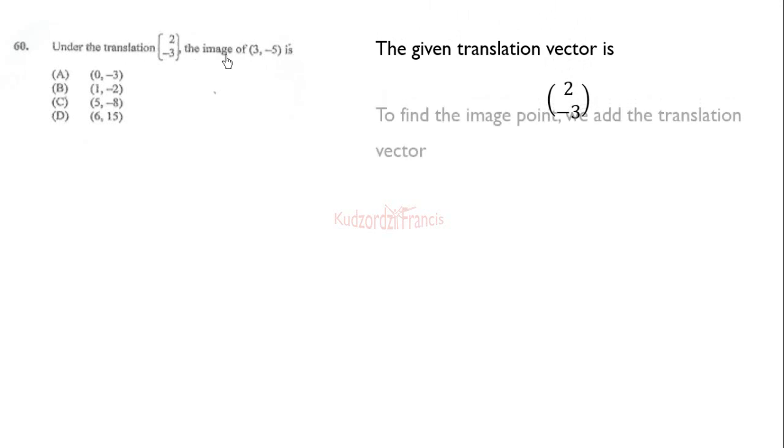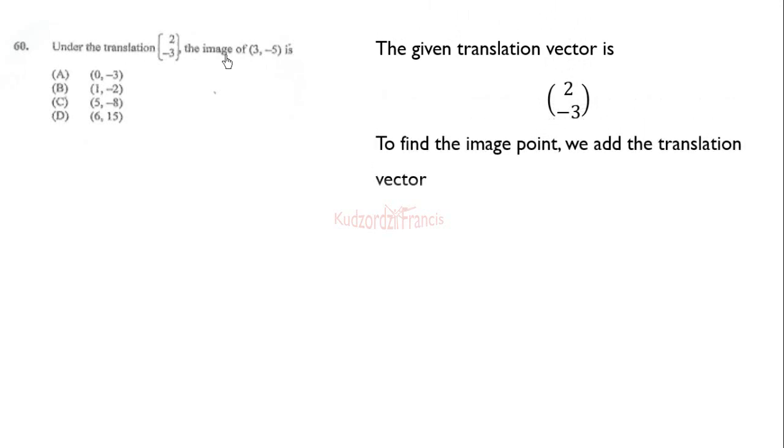Now let's look at our final question. Under the translation 2, -3, the image of 3, -5 is what? Translation is just the addition of vectors, so we add the translation vector to the given point.